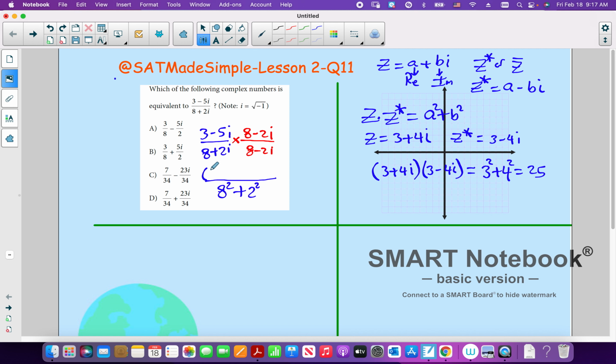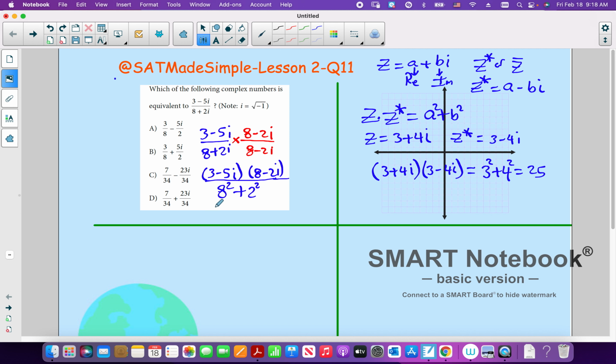The numerator, I have 3 minus 5i into 8 minus 2i, and I will FOIL these two to produce a complex number with real and imaginary parts.